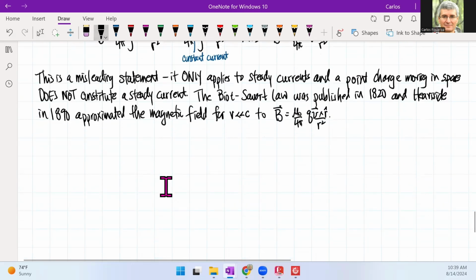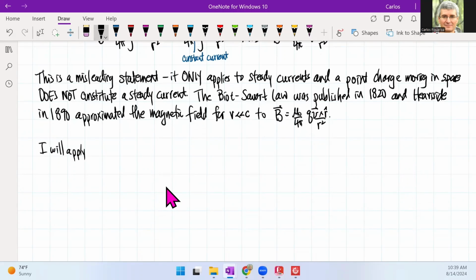So lastly, I will apply this law to two important examples.